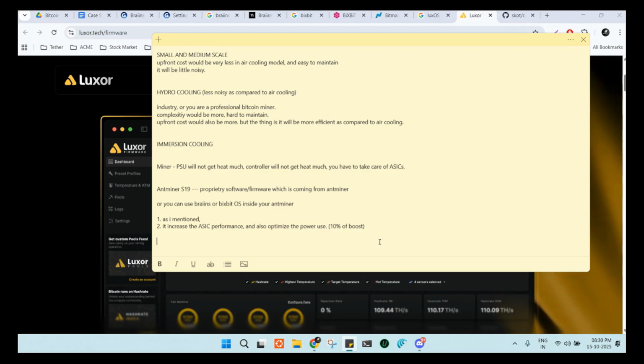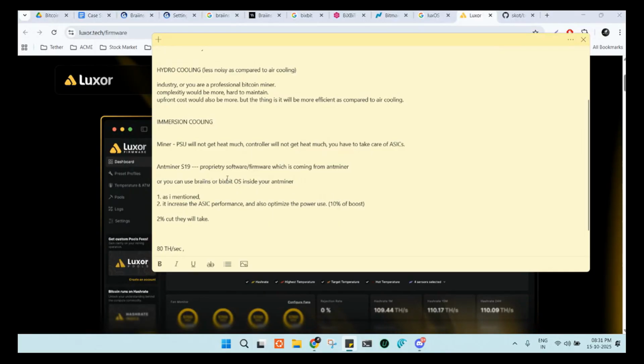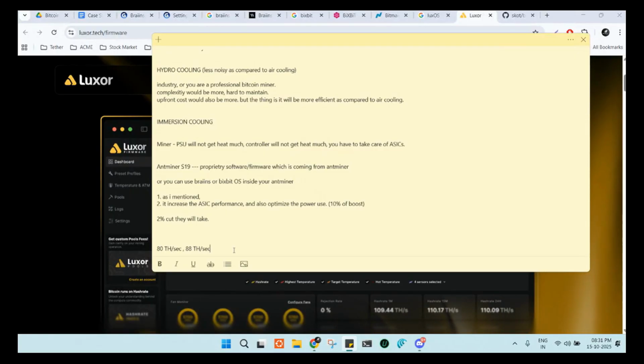They have written the code in such a way that they will take a 2% cut. Let us suppose you are getting 80 terahash per second; if you are using Braiins or Bixbit, you are getting roughly 88 terahash per second. I'm just giving a rough example.